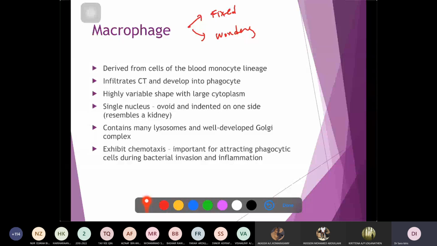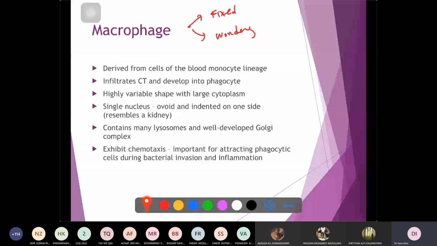Macrophage itself is derived from cells of the blood monocyte lineage, and it will infiltrate connective tissue and develop into phagocytes. So the wandering cells go all over your body, in your bloodstream, and whenever you have an infection or a pathogen comes inside your body, it will infiltrate the connective tissue and develop into a phagocyte.